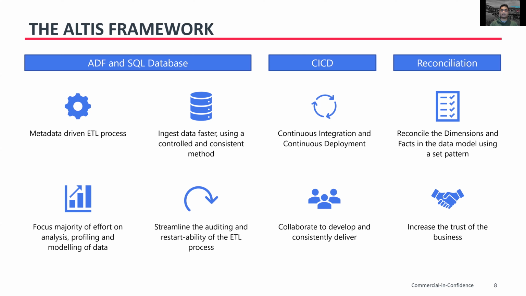So one row of metadata can mean that you can load data from a new source object and the data will be available in the staging layer, which in turn allows developers and data scientists to perform their analysis and modeling tasks immediately. The framework also streamlines the auditing and restartability of the ETL or ELT process, as these advanced features are already implemented in the ingestion patterns.